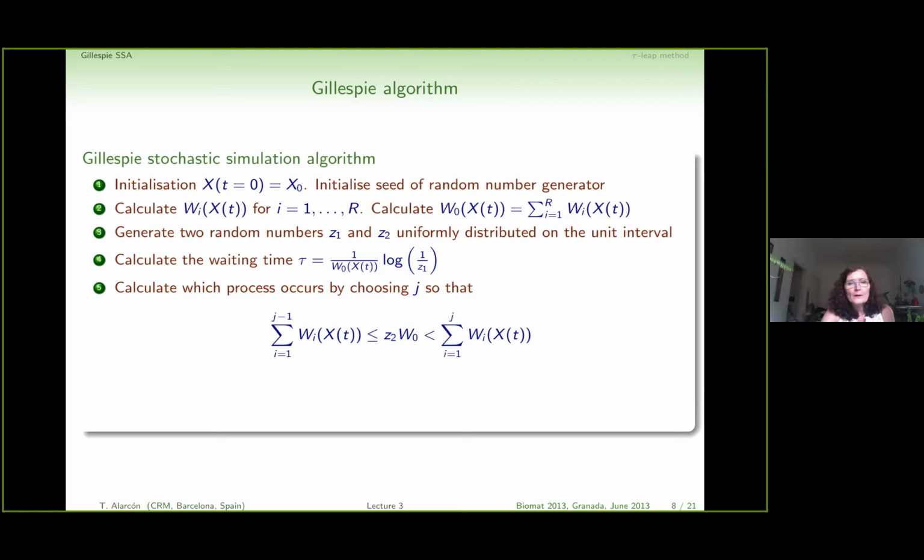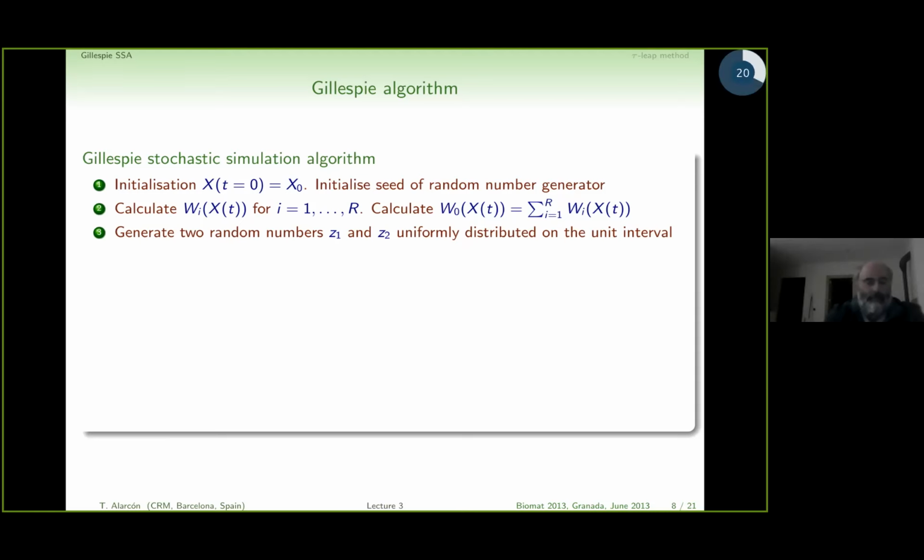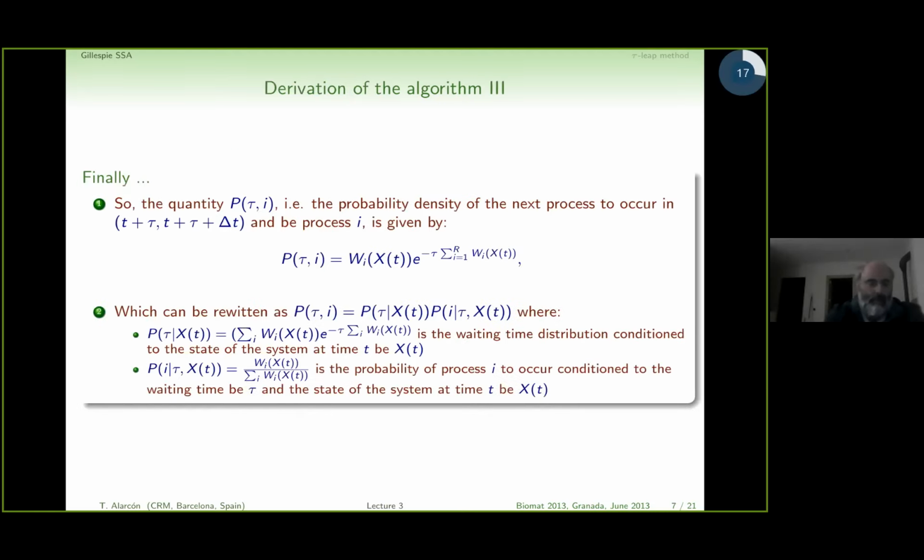Can you go over this last part? Okay, yes. So this thing here, P of I, has to be between 0 and 1 for each I. So what this is going to give you is a partition of the unit interval, where the length of each partition corresponds to the weight of each one of the events that can occur.